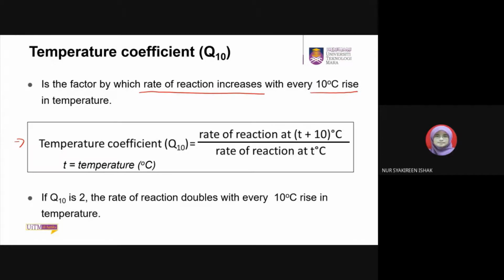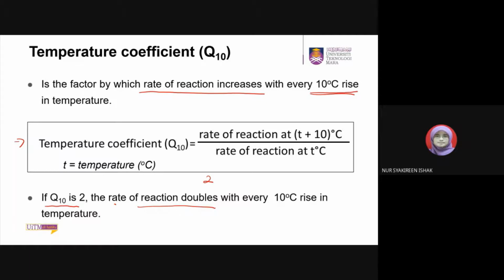If you use this formula and you get the value 2, if Q10 is 2, it means that for every 10 degrees, the rate of reaction will double. The speed of the reaction will go up two times. Every 10 degrees rise in temperature, the rate of reaction will double.